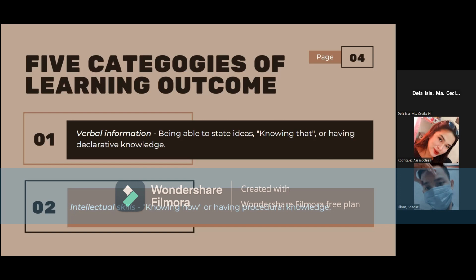For example, when a learner acquires verbal information about scientific concepts, they don't just memorize the definition of the concept, but they also understand how it works. They can give examples of it in action and use scientific language appropriately to communicate about it.